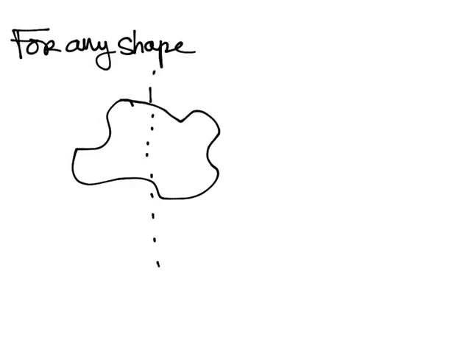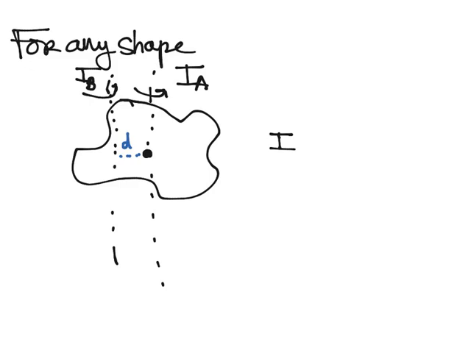If we knew I of our blob, its moment of inertia around this axis, and we decided to move the axis we were rotating it around a distance d, then the new moment of inertia, IB, in general, is going to be equal to IA plus md squared, where d is the distance we have moved the rotational axis.